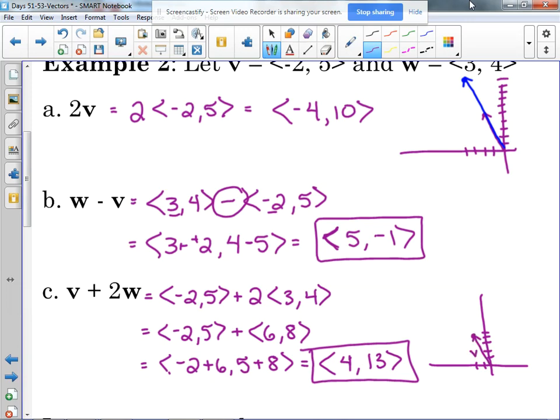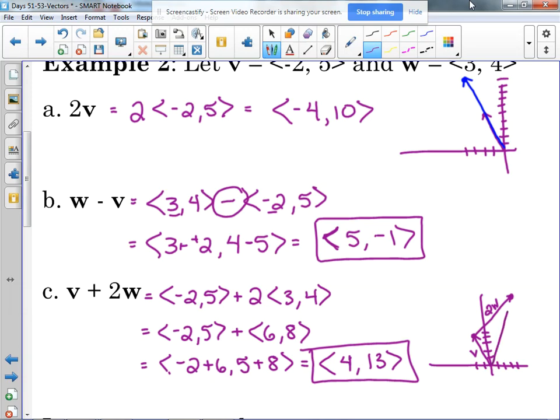So that's our v vector. And then 2 times w was 6, 8. So you start where you're at, negative 2, 5, and 6 is positive, so we go right 6 units from there. So we're going to end up at 4. And then we go up 8 units. So that's our 2w right there.